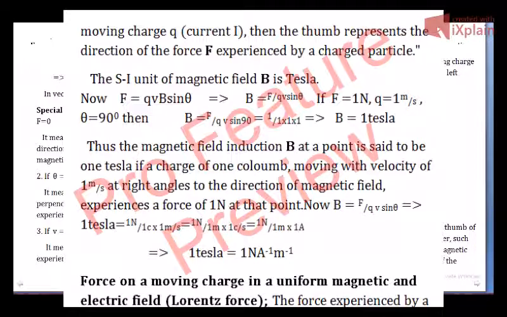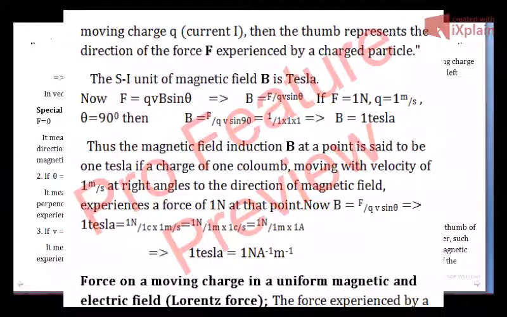Now, B is equal to F upon QV sin theta. This implies 1 Tesla is equal to 1 Newton per 1 coulomb into 1 meter per second, and theta is a dimensionless quantity. This implies 1 Tesla is equal to 1 Newton per 1 meter into 1 coulomb per second, which is 1 Newton per 1 meter into 1 ampere, because coulomb per second is ampere.